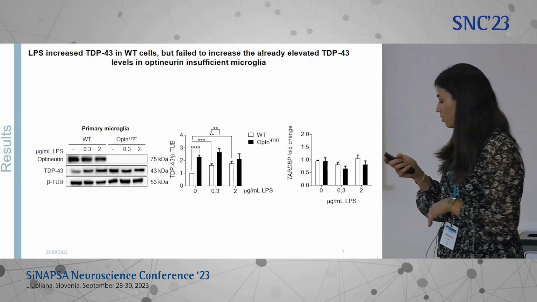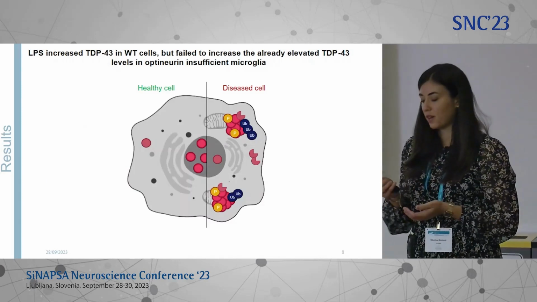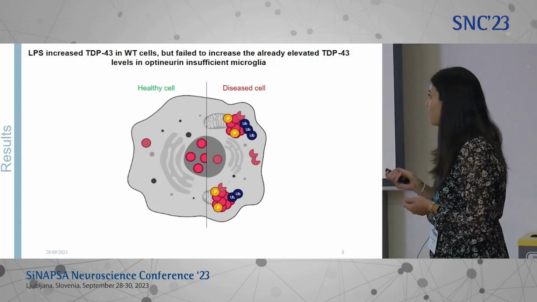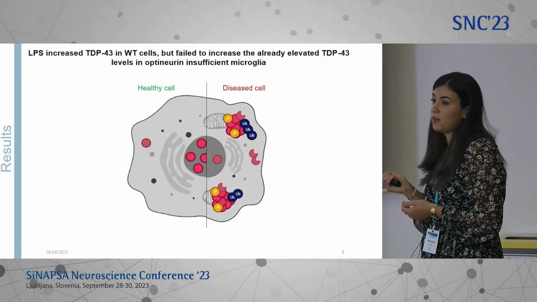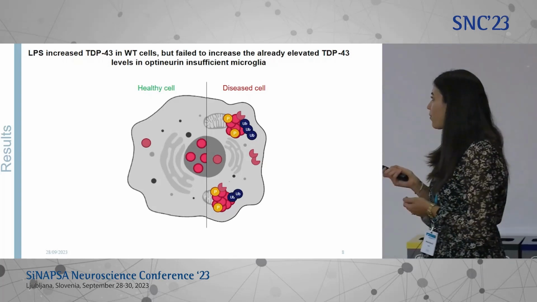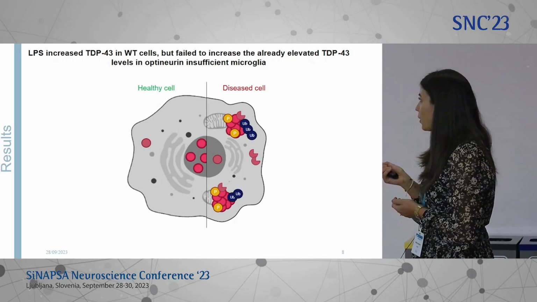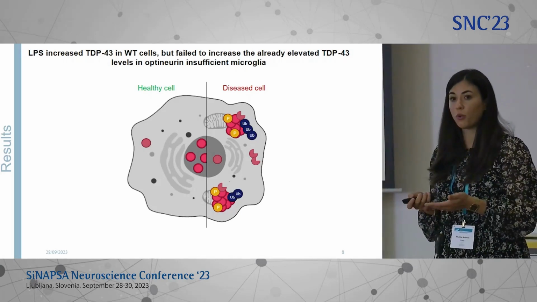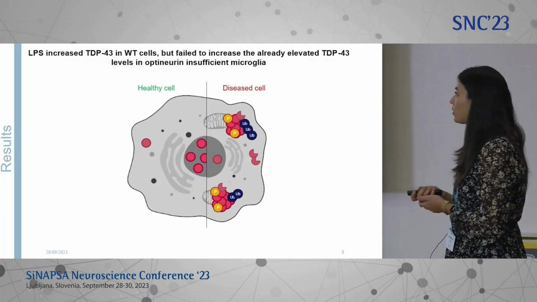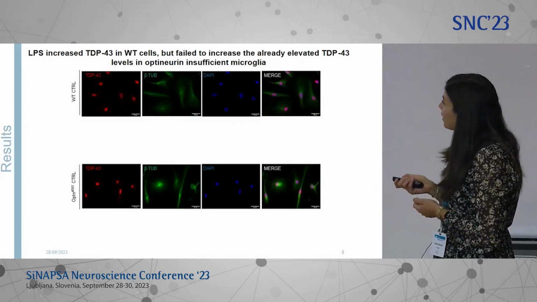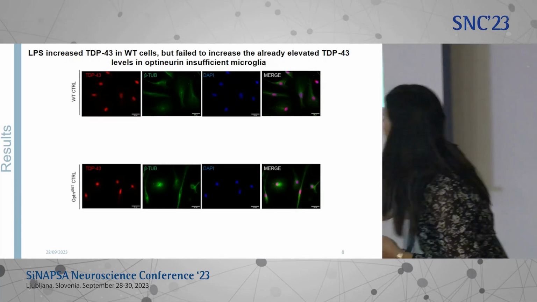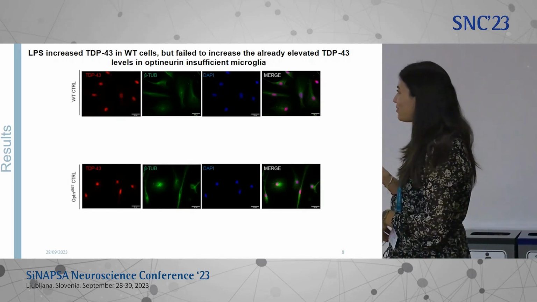As I said before, in healthy cells TDP43 is mainly nuclear, while in diseased cells TDP43 is depleted from the nucleus to the cytoplasm, where it forms aggregates. So we wanted to see where our accumulated TDP43 is, and we stained the cells. You can see here. Do you see here? Yeah, so you will need to trust me.